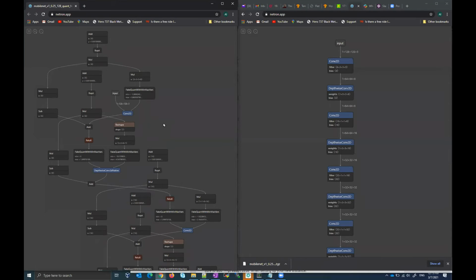Can we remove these multiplication and addition operations on the left here by some option? Let me try to annotate these operations. Can we remove them all and have only these operations, this one, this one, this one, so we can have an apples to apples comparison between how this one stacks up versus this one?